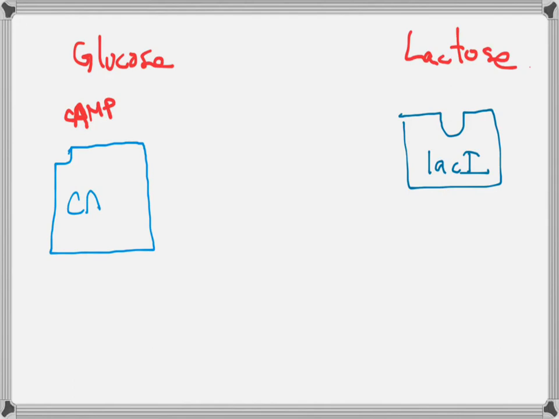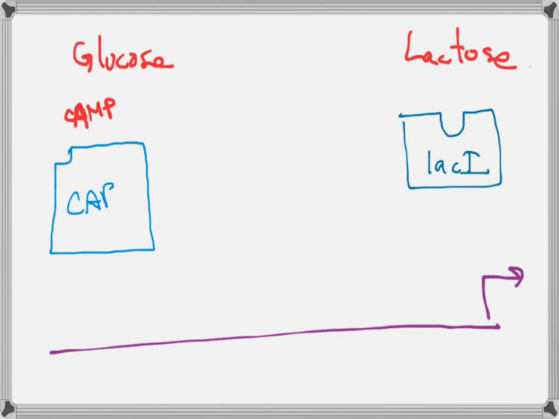Okay. These two bind to different regions on the DNA. This arrow here again is just representing where transcription would start. The LAC-Z, Y, and A genes would be to the right or downstream of this. And then upstream in this promoter and operator region are where the CAP would bind, where the LAC-I would bind, and where the RNA polymerase would bind as well.